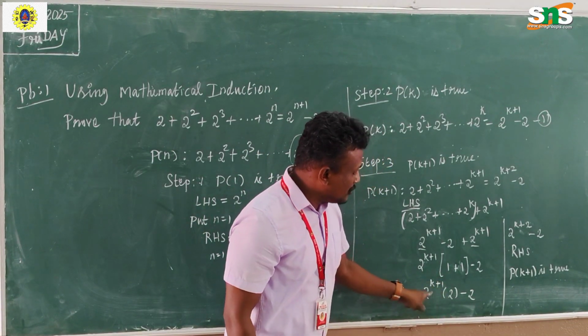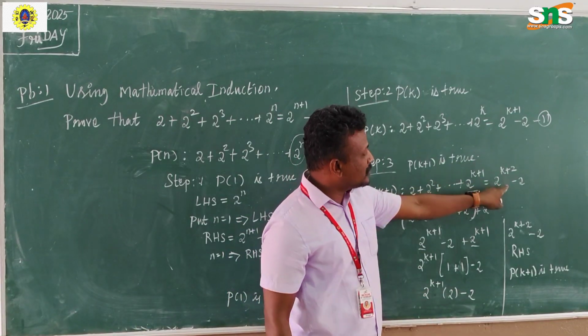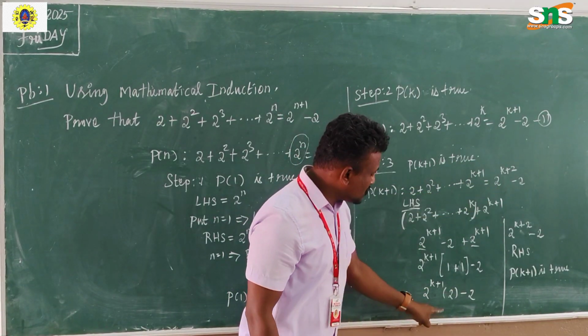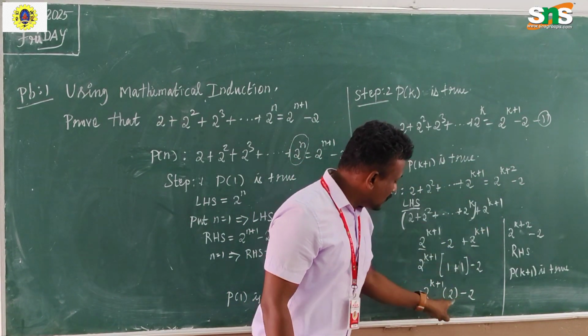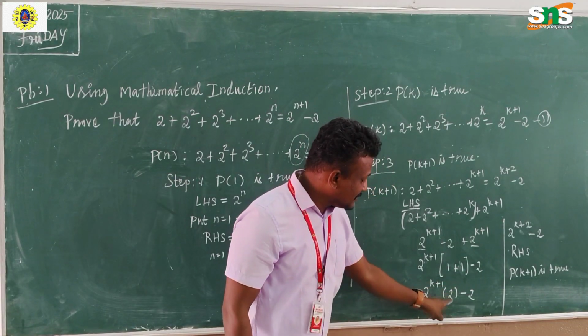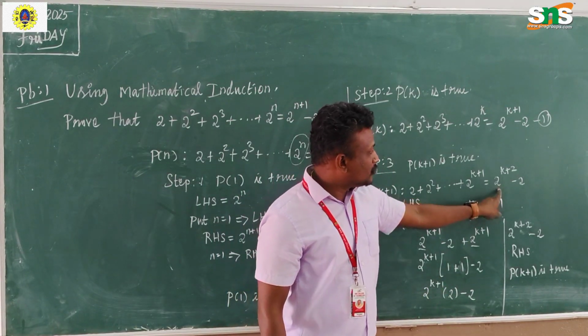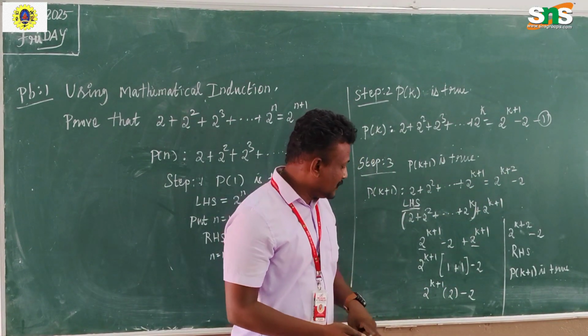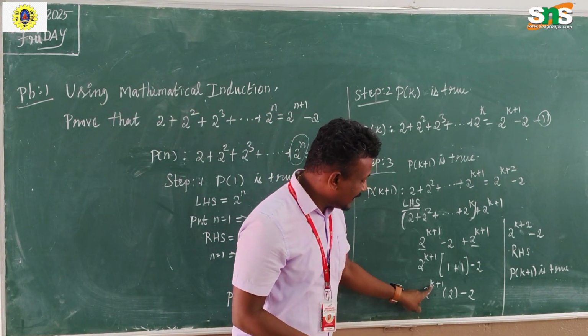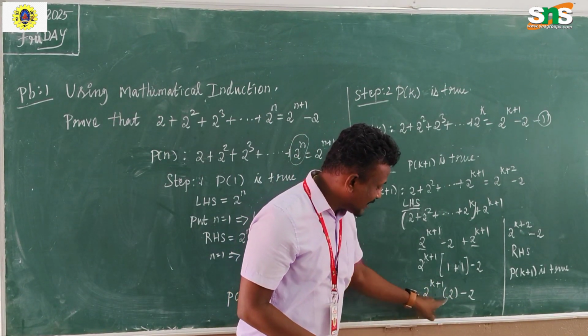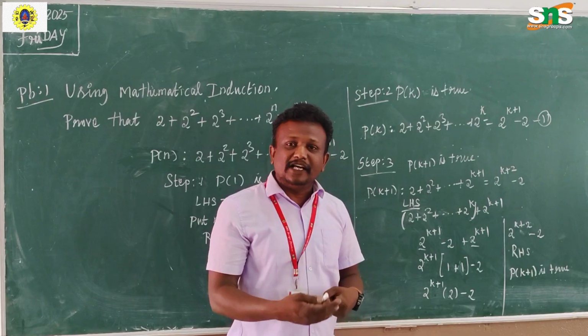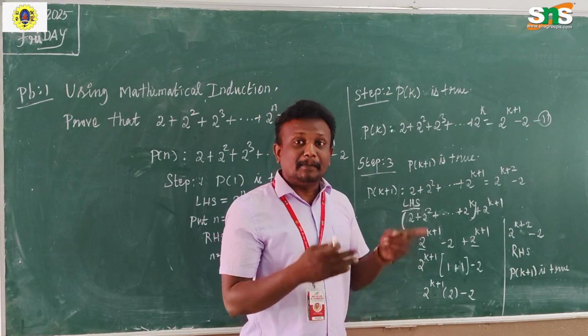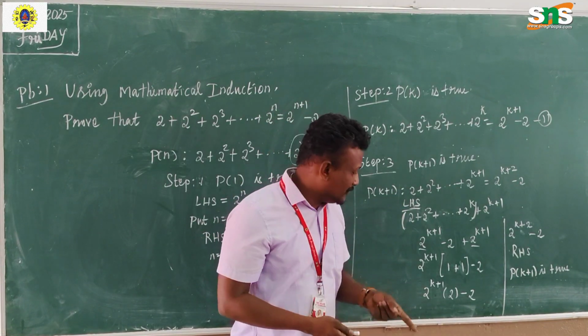Now from this result, we have to show what we want. Almost, we have got minus 2. We need to adjust our result only in this term: 2 power k plus 1 times 2. Here we have 2 power k plus 1 and 2. If we have the same base, then we can add the powers.